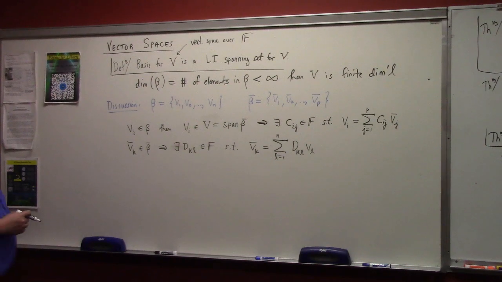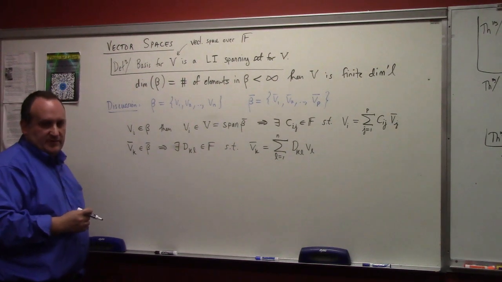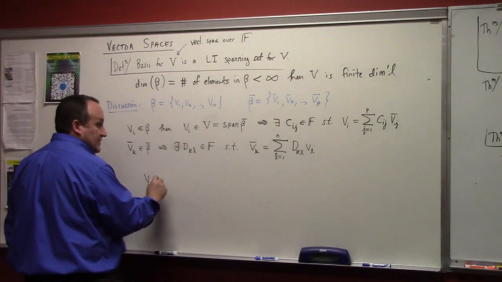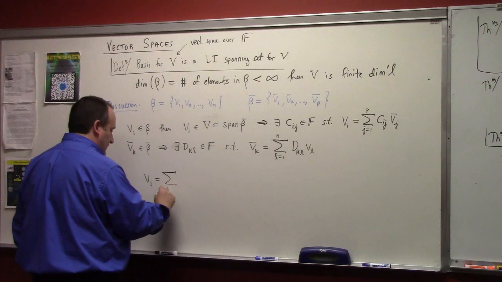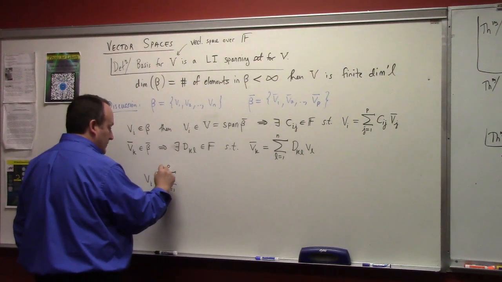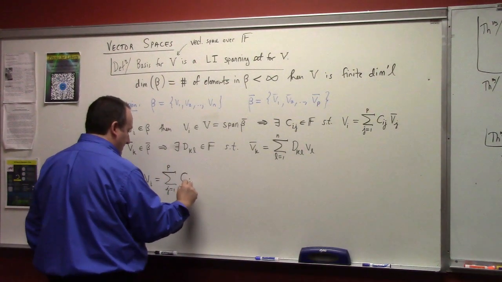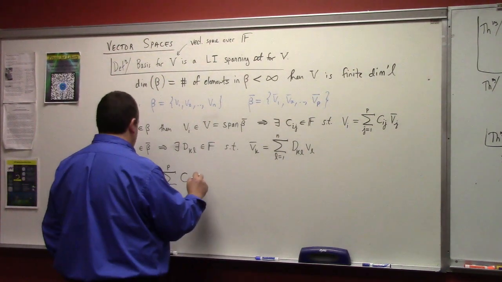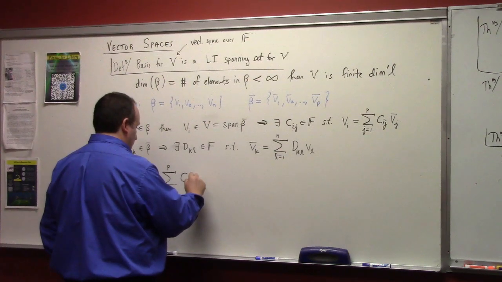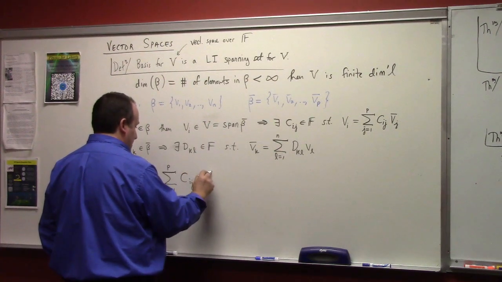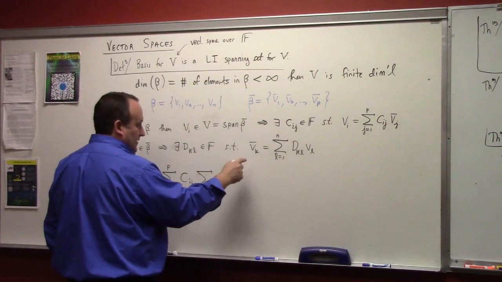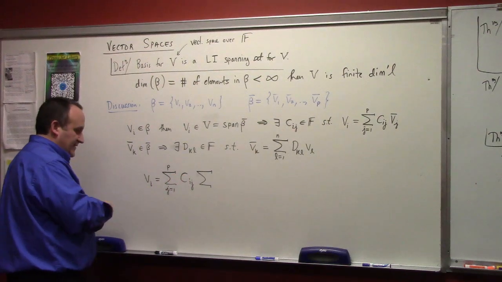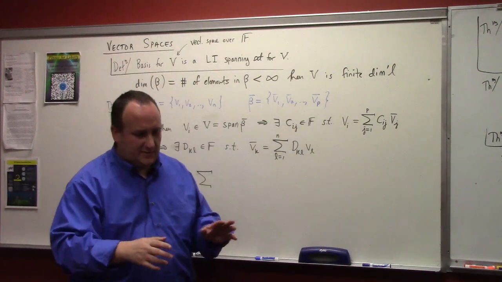Well, we can substitute one of these into the other, right? So like we can look at it, vi is equal to the sum j equals 1 to p of Cij and then v bar j, right? But what is v bar j? v bar j is the sum. I'll tell you what. Let me go back to my line above and just make a slight editorial comment, just to make it easier to follow.